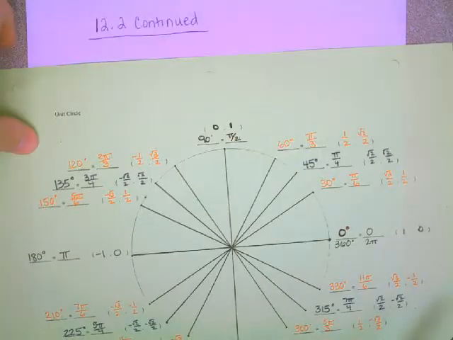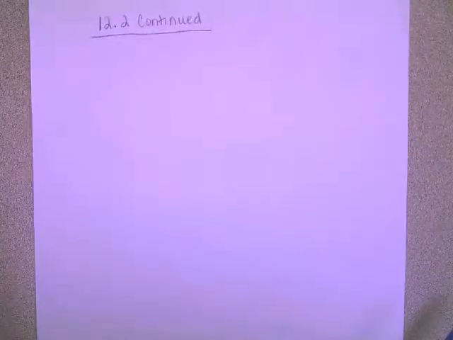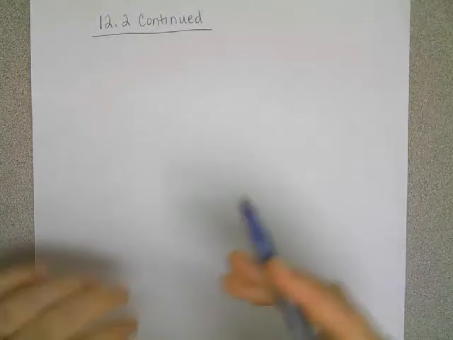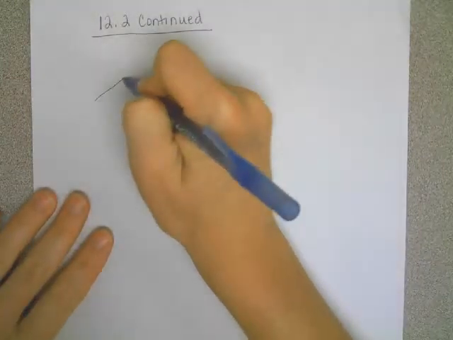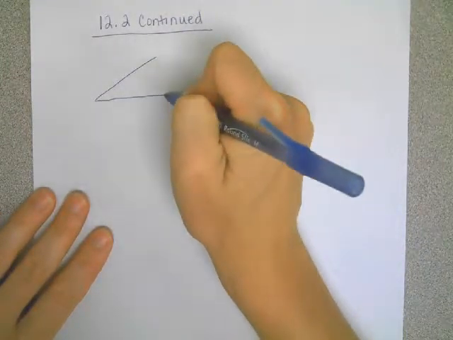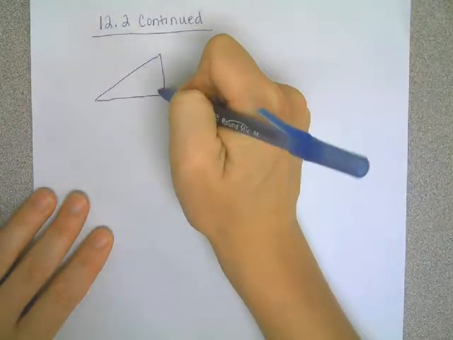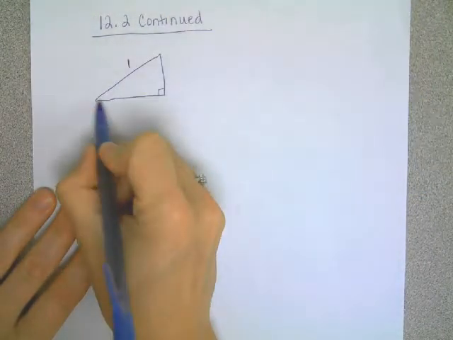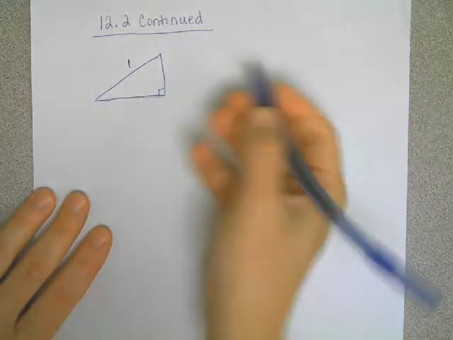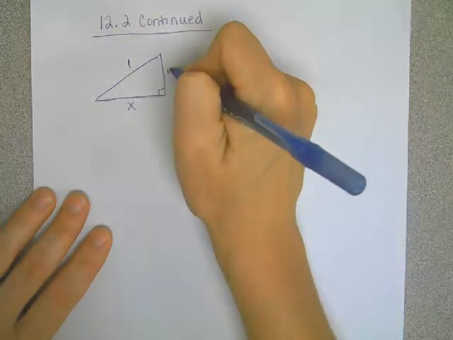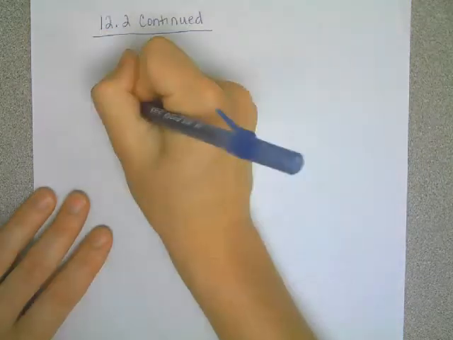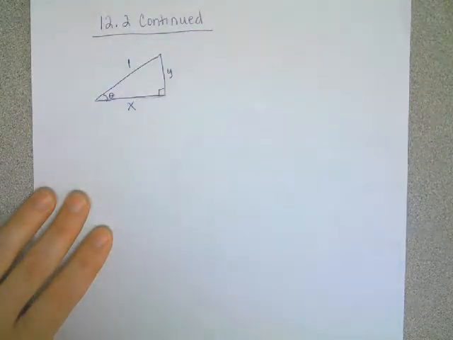I want to now give you some more information about the unit circle, more specifically sine, cosine, and tangent. So going back to our geometry days, if we have a right angle, we can use SOHCAHTOA. Typically this in the horizontal direction is x, vertical direction is y. Here's my angle.